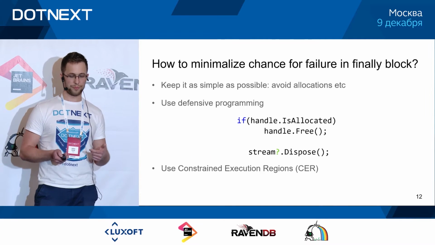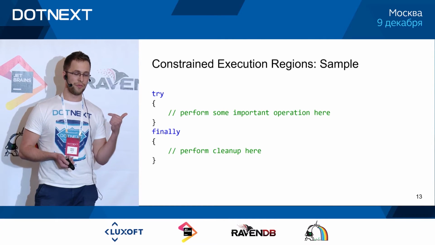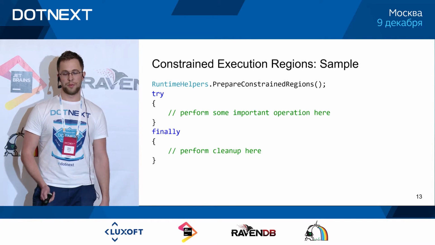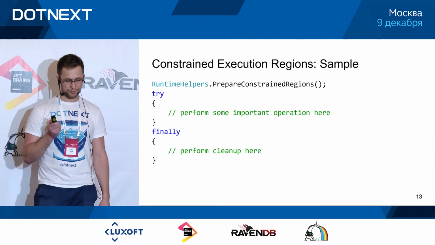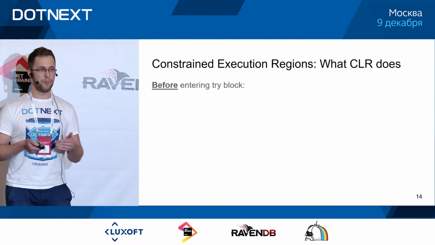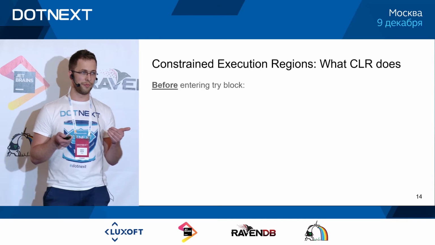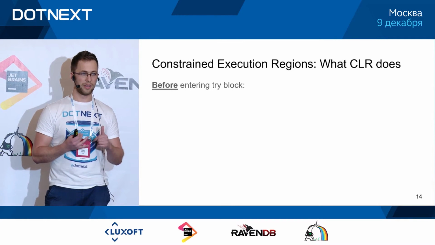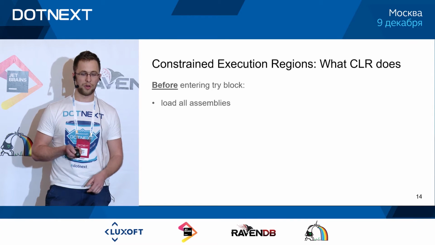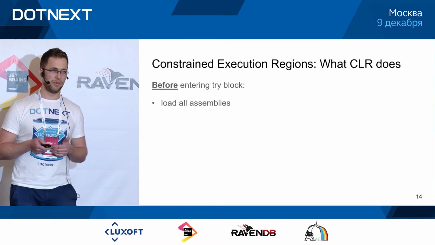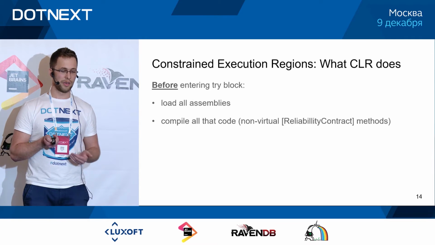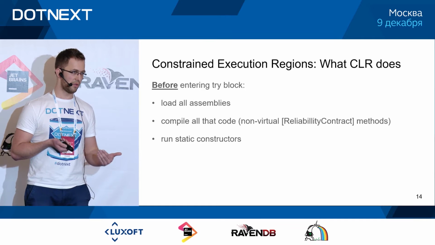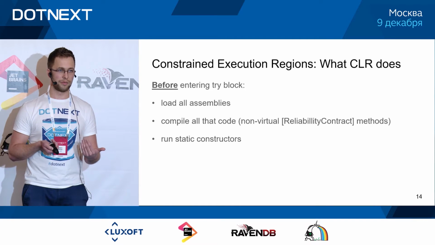And what is that? How to use it? Before entering the try block, you add a single instruction. But how does it work? Before entering the try block, the CLR is going to do the following things for try, catch, and finally blocks. It's going to load all of the assemblies used in these blocks, compile them, and run static constructors for types used within these blocks.